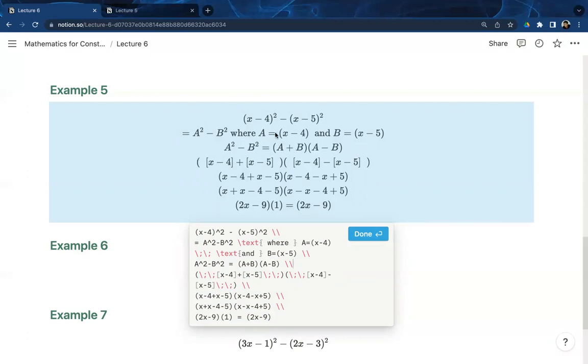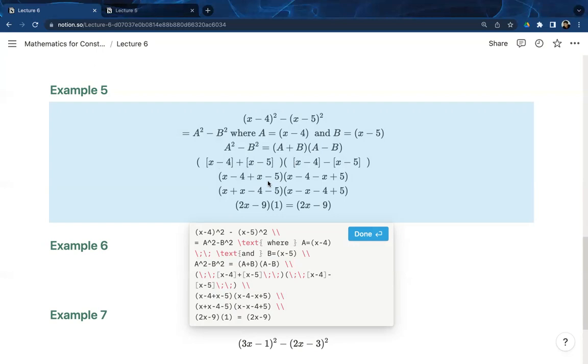So what I did, I substitute for a and b into this formula here. So in the a here, the x minus 4, and the b here, x minus 5, right? x minus 5 is b, x minus 4 is a. And here as well, a minus b, this is the a minus the b. Then I remove the square brackets and rearrange.